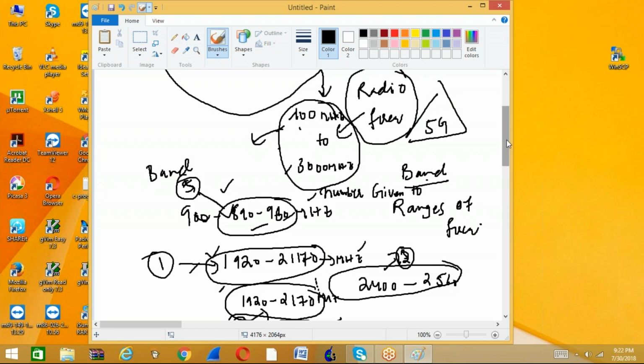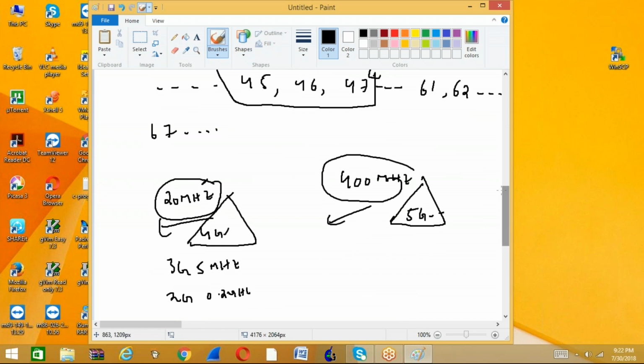Now I want to accommodate more, to give more bandwidth, because more bandwidth gives more speed. From where will I get it? I have no other option. Even though microwave has more losses, I still have to go for microwave frequencies.